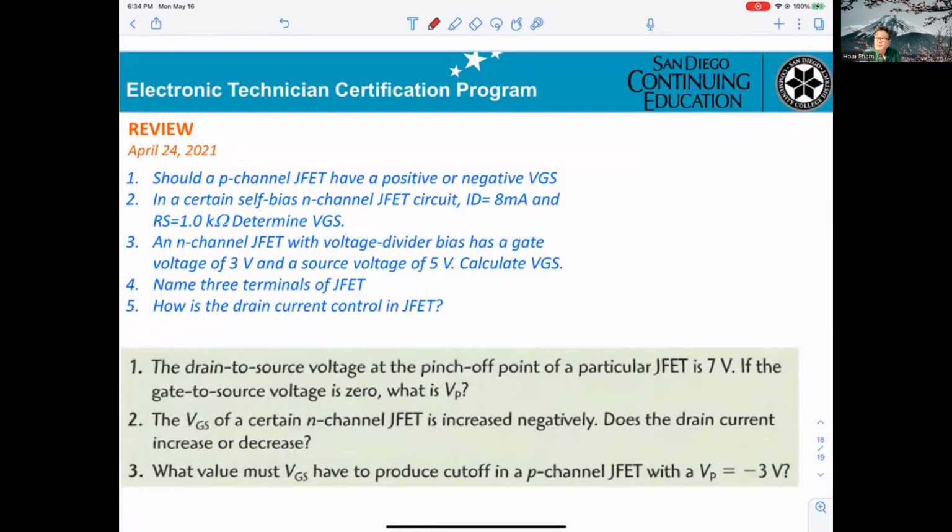P channel JFET, you get the positive VGS. In a certain self-bias N channel JFET circuit, ID equal 8 milliamp and RS 1 kilo ohm. They want VGS.